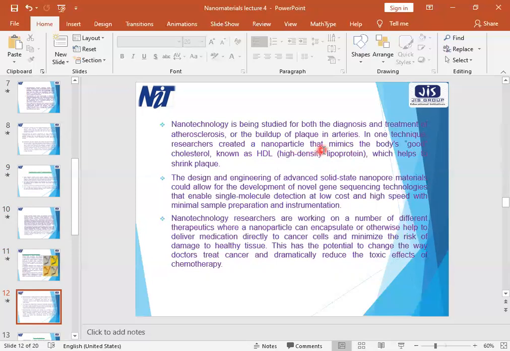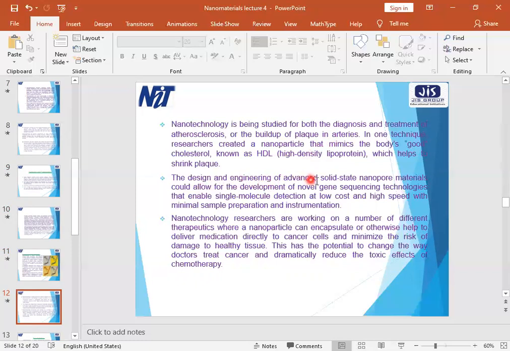So that can be mimicked by the nanoparticle which is invented, which helps to shrink plaque. So plaque will be shrunk with the help of this HDL. If HDL is higher in amount, that means if good cholesterol is higher, then the blocking of arteries will be prevented, or can be minimized.